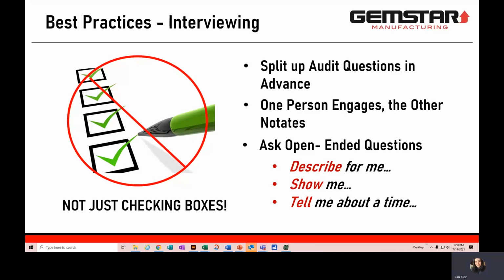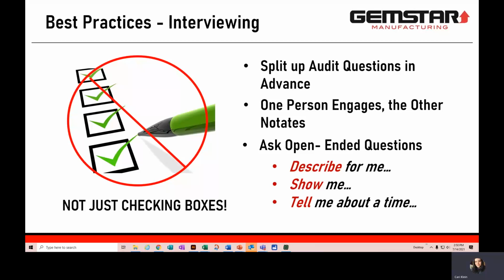It's sort of difficult to do both and really be attentive to the person speaking. So if you can tag team and switch off, that's great. So then we can make sure that we get the highest value input from the folks.